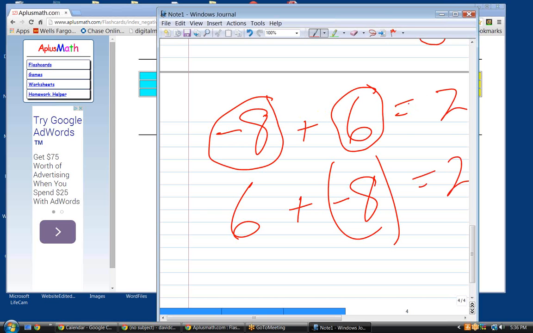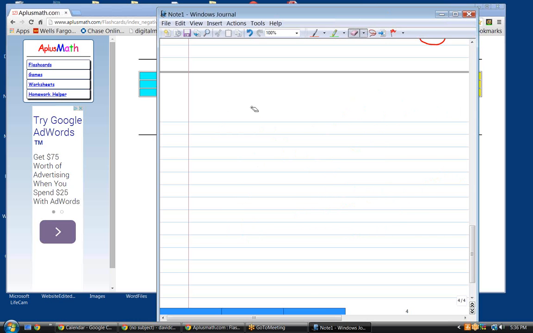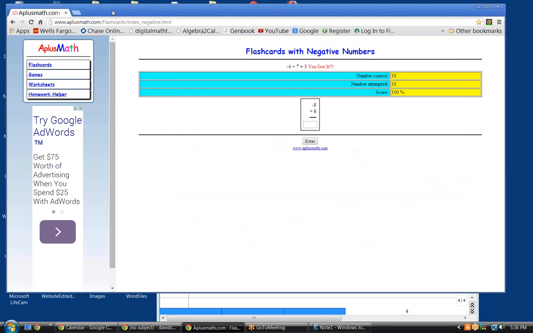But the sign of the bigger number is negative in both. So that's the answer. Remember, when you're adding a negative number to a positive number in either order, you have to subtract the two numbers. It becomes a subtraction problem. That's all. So this is negative 2.